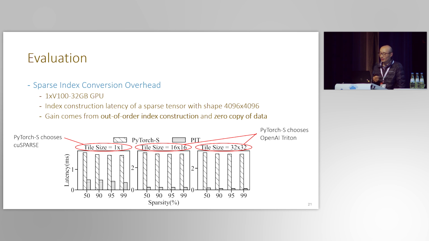For the granularity 16 times 16 and 32 times 32, PyTorch-S chooses Triton. We can see that PIT is much faster than PyTorch-S. The performance gain mainly comes from out-of-order index construction and a zero copy of data. So PIT makes online index construction much more practical than before.